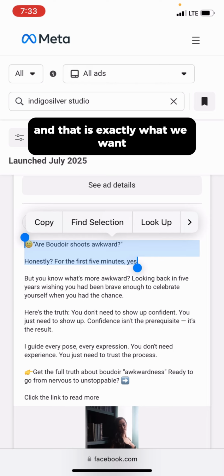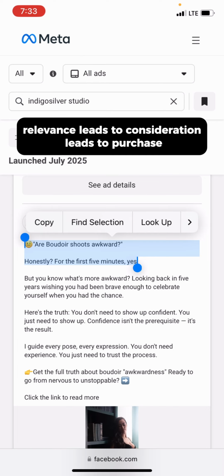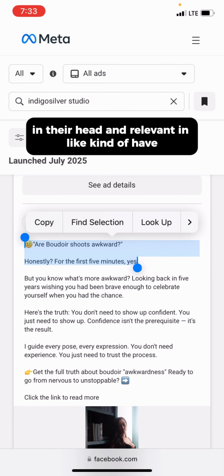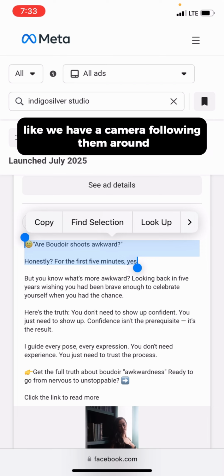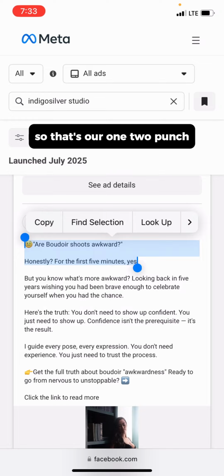And that is exactly what we want because relevance leads to consideration, leads to purchase. So we're getting relevant in the conversation in their head and like we have a camera following them around. So that's our 1-2 punch.